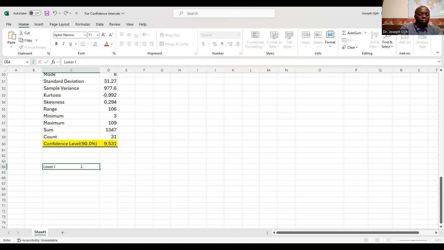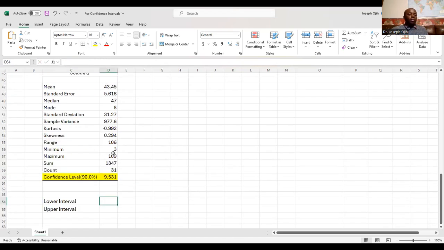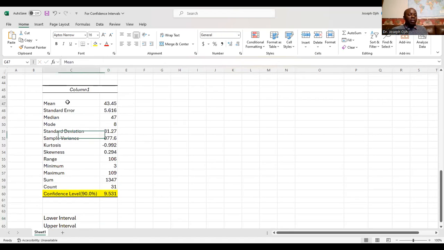Now you can get the upper and lower interval. The lower interval, the upper interval. So this is an error right there. So I'm gonna make this bigger, make it 16. Okay. Now we can get our confidence interval, which is, this is the mean right here, 43.45.